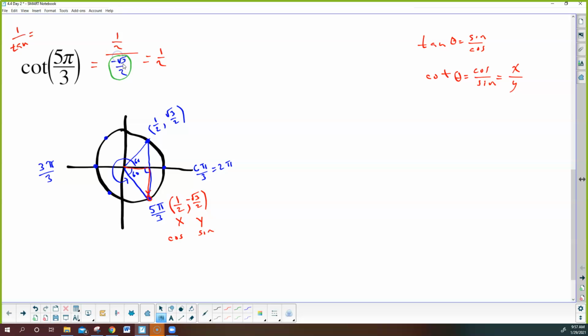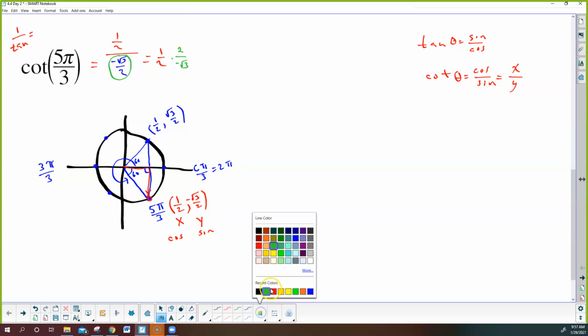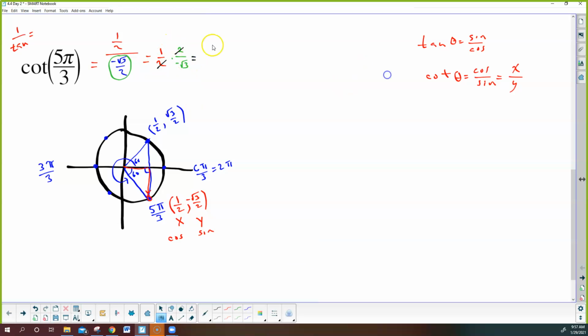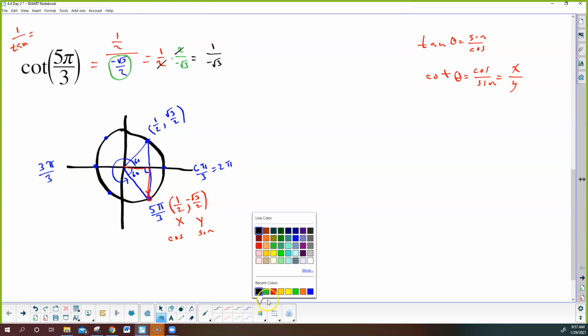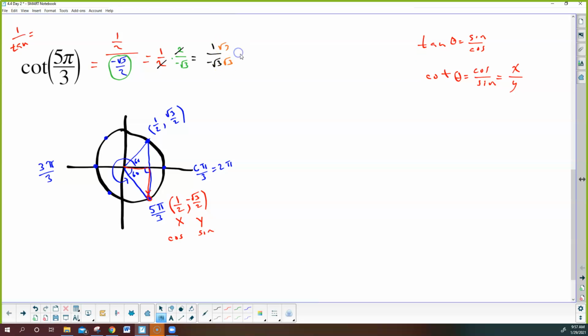I want to take this and multiply by the reciprocal. And when you do that, you'll notice the 2's go away, right? A 2 on top and a 2 on bottom go away, and I'm left with 1 over negative square root 3. And then the final piece is we just don't like to have that square root of 3 on the bottom. So I'm going to multiply, this is called rationalizing the denominator.